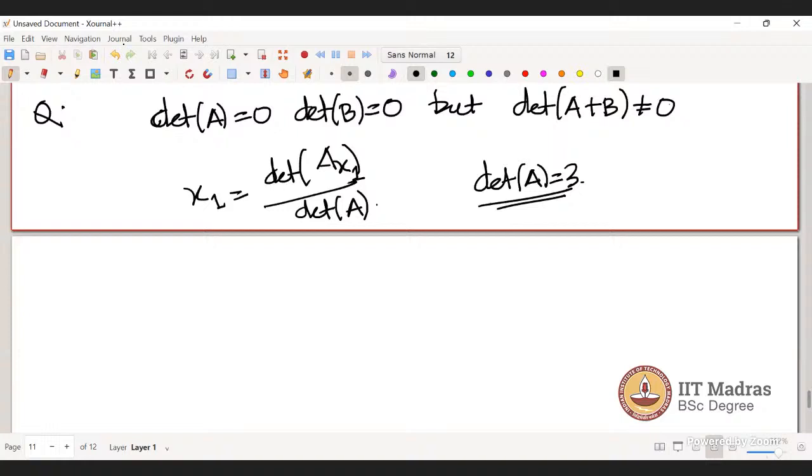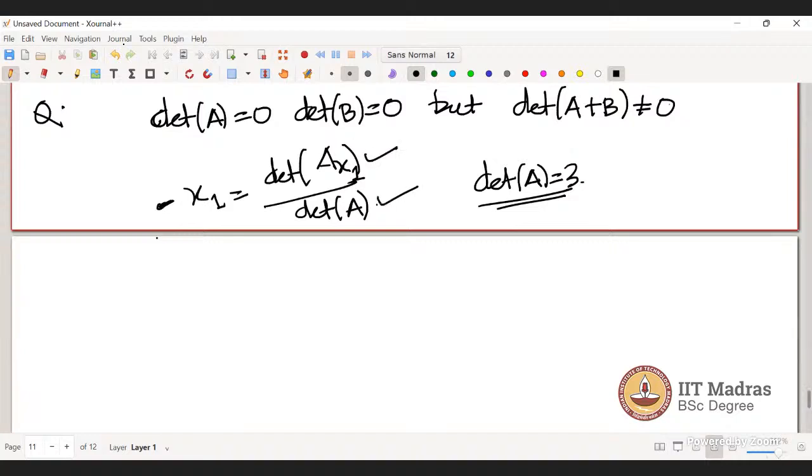Either you have made some mistake or we have made some calculation mistake. Certainly x1 is this, so you just need to compute this one.